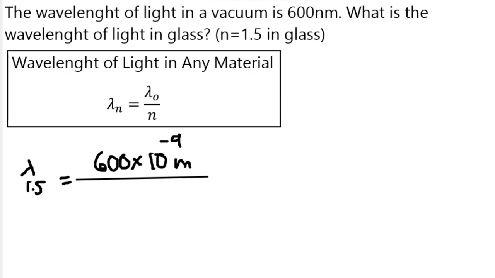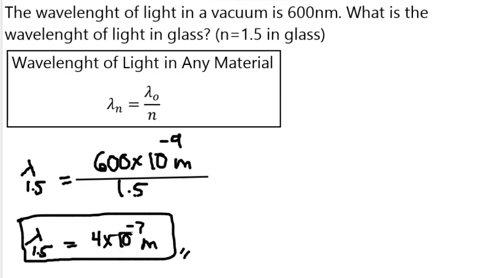So we're going to use the wavelength of light in a vacuum, that's 600 times 10 raised to the negative 9, and divide it by the index of refraction in glass. So the wavelength of light in glass is going to be 4 times 10 raised to the negative 7 meters. So it is much higher.